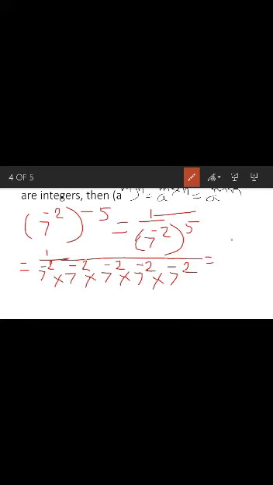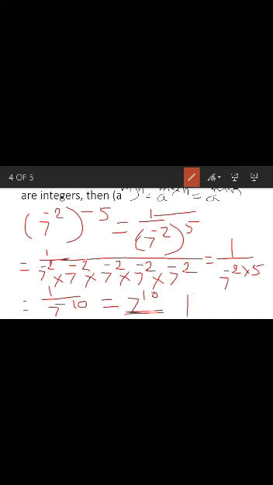Now what will be the answer? 7 raised to minus 2 multiplied by 5. What will it come? That is 1 upon 7 raised to minus 10. And what will it come? 1 upon 7 raised to minus 10 means its multiplicative inverse will be 7 raised to 10.